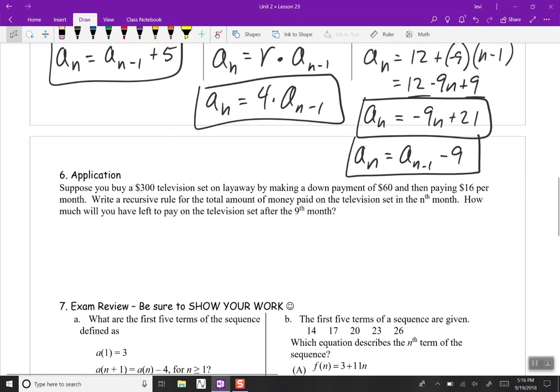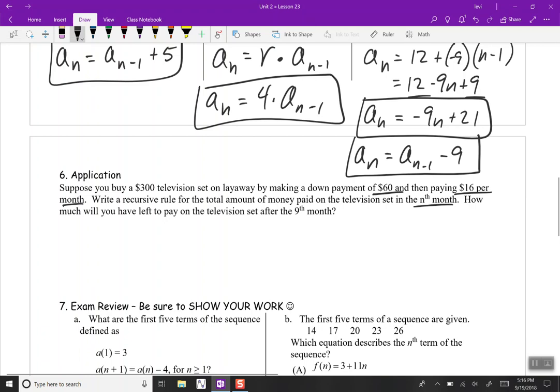Suppose you buy a $300 television set on layaway by making a down payment of $60 and then paying $16 per month. Write a recursive rule for the total amount of money paid on the television set in n months.